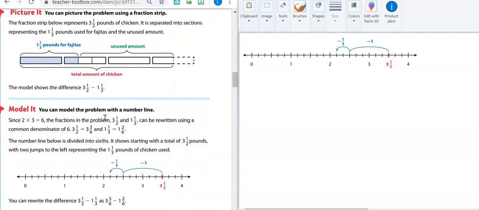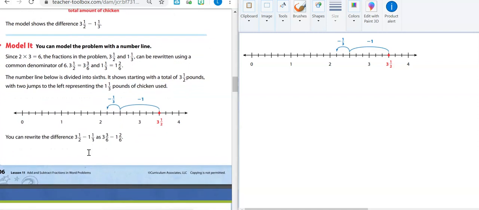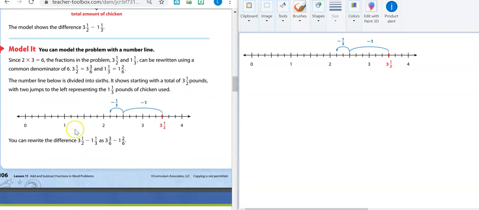Now, another way besides showing a visual model, we can model it using a number line because again, you can do math several different ways. Now the model shows a number line and it says since 2 times 3 equals 6, the fractions in the problem, 3 and 1/2 and 1 and 1/3, can be rewritten using a common denominator of 6.